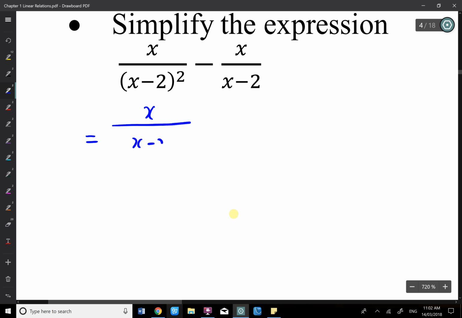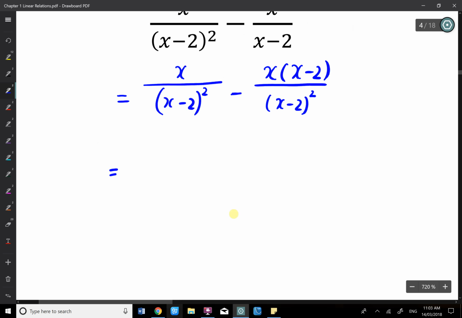I will just keep it like this. And then the second one, I will times x minus 2. So the top will be x times x minus 2. Only changing the second fraction is enough. Again, I will combine them first before I expand.